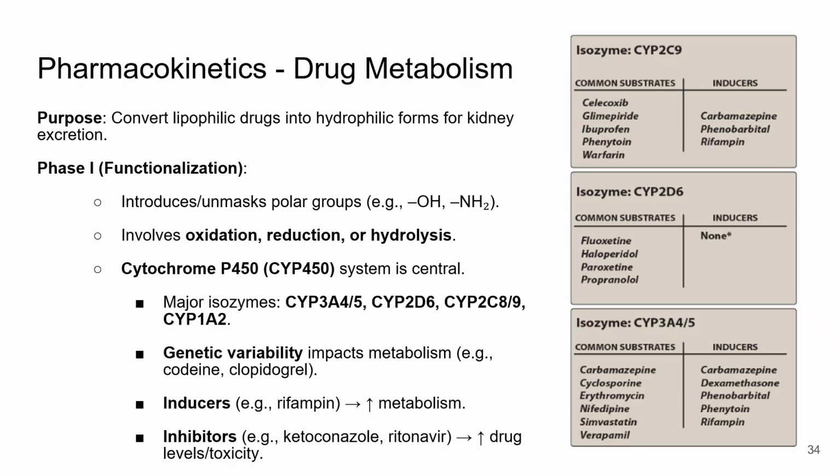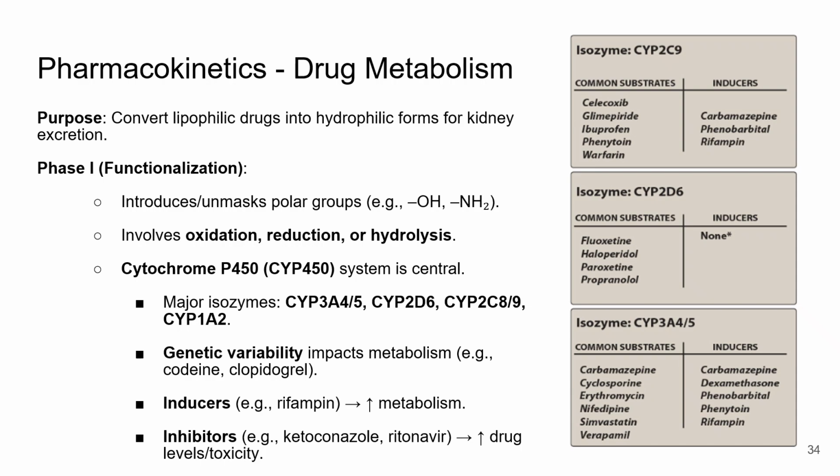Phase 1 reactions include oxidation, reduction, hydrolysis, and they are primarily carried out by the CYP450 enzyme system, or cytochrome P450 enzyme system, which we'll hear a lot about throughout pharmacology.